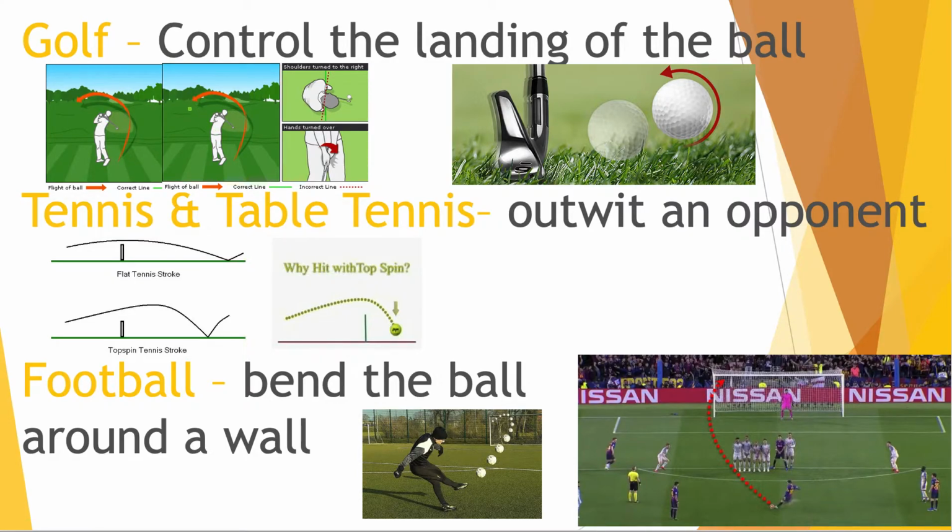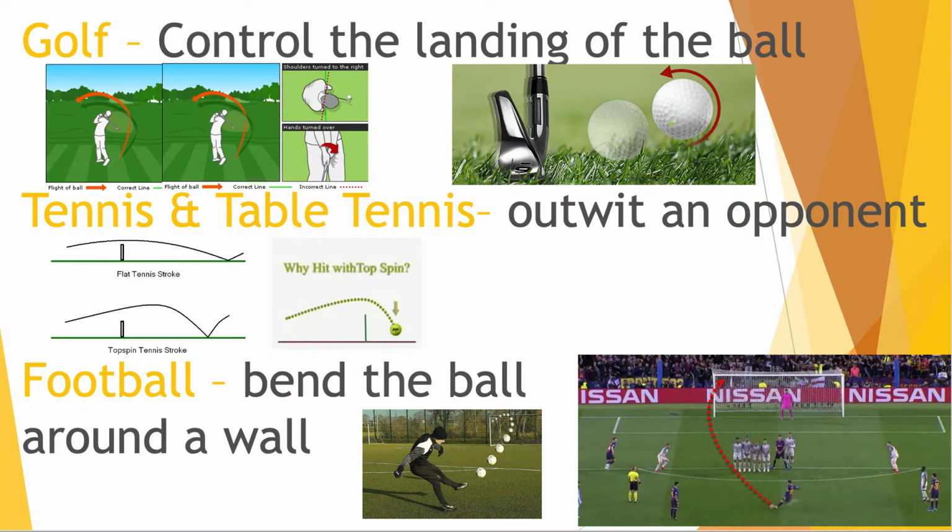They also might want to control how the ball is landing on the green to stop it from rolling off the green in a certain direction. So that's why a golfer might choose to apply a hook or a slice. Actually, often in golf, when they talk about those shots, it's when they've gone wrong and too much side spin's been applied, and the ball goes sort of off in the incorrect direction.